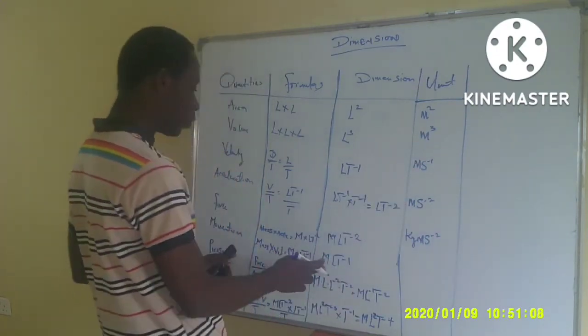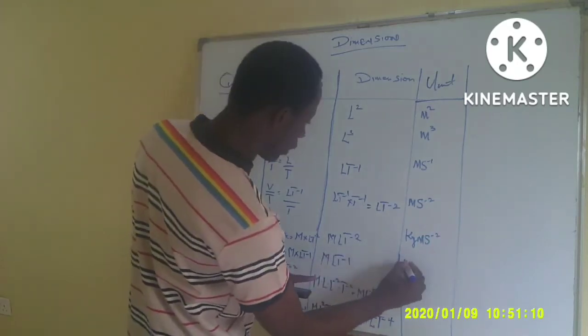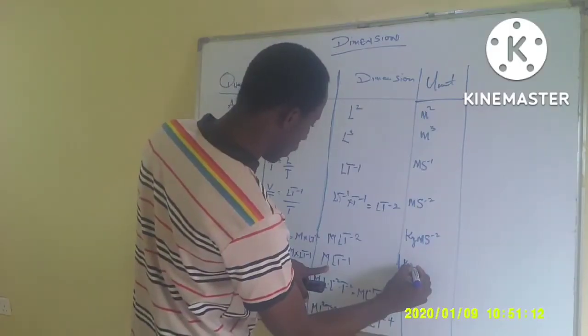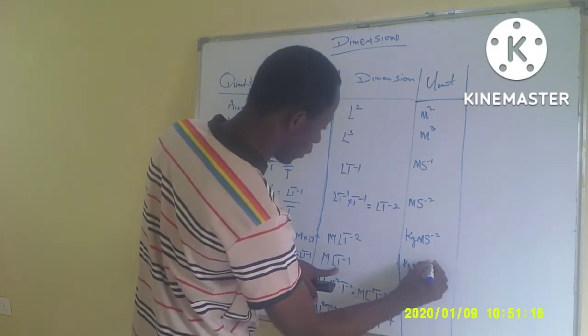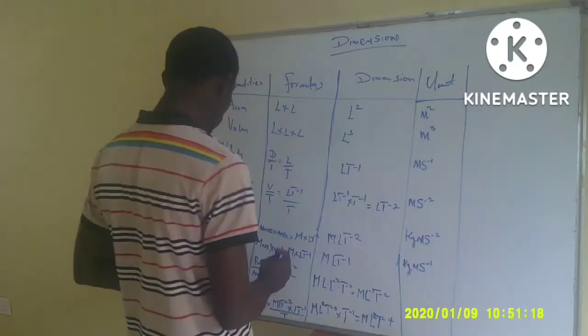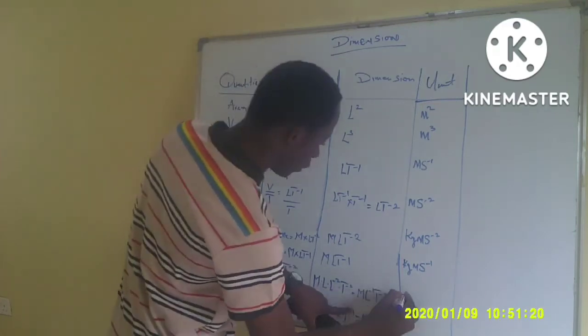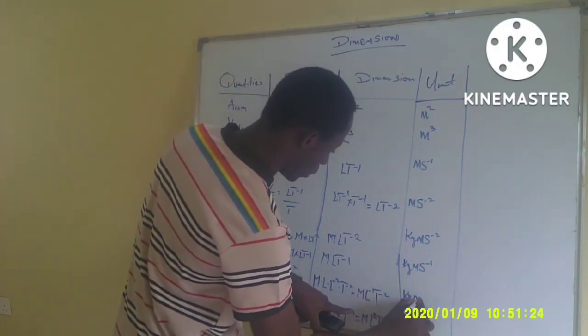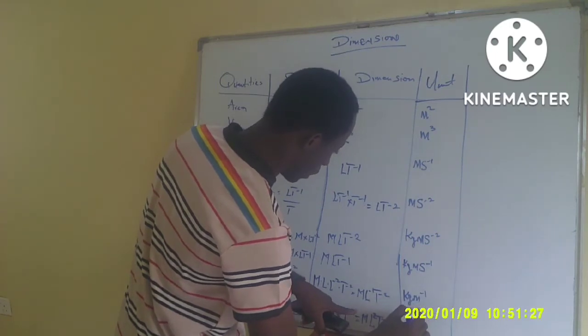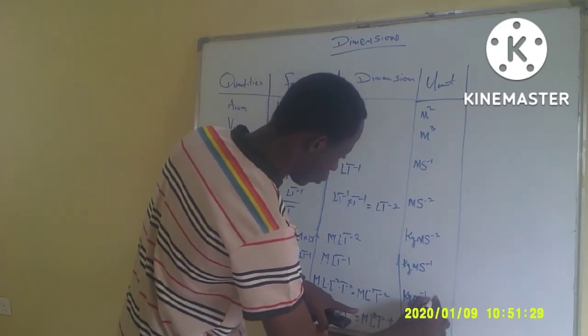Then for that of the momentum now, M is kilogram, L is meter, and T is per second. Then for that of the pressure now, let's say kilogram per meter per second squared.